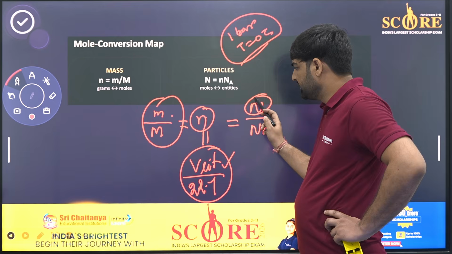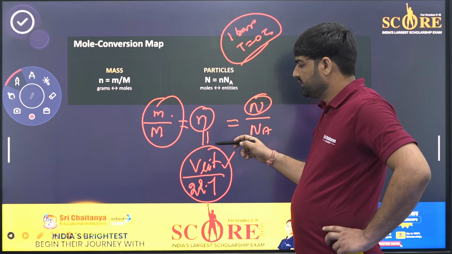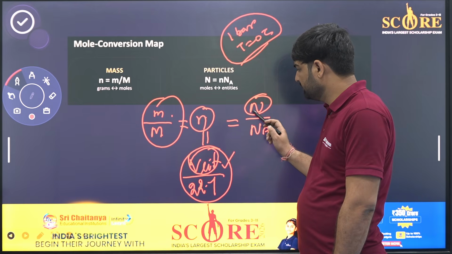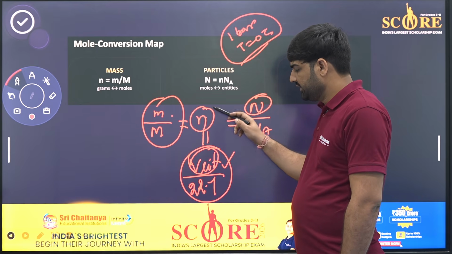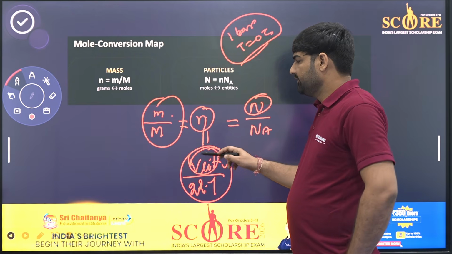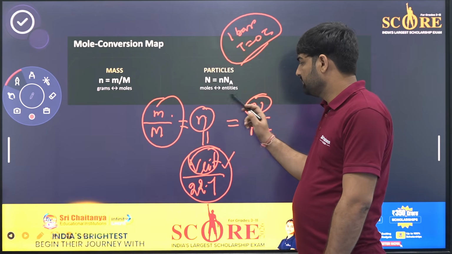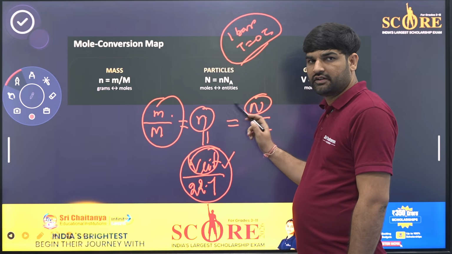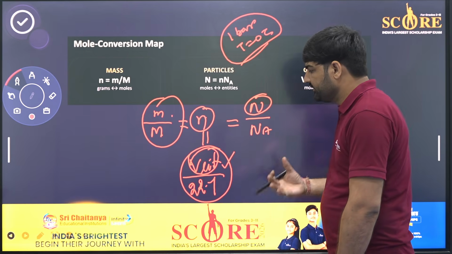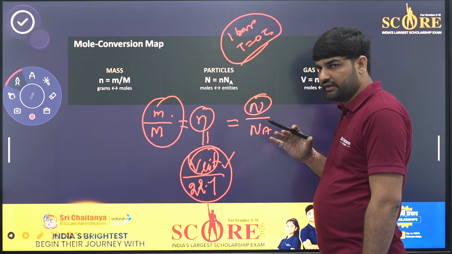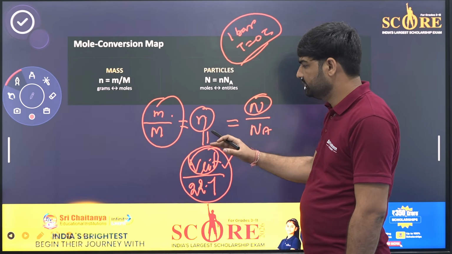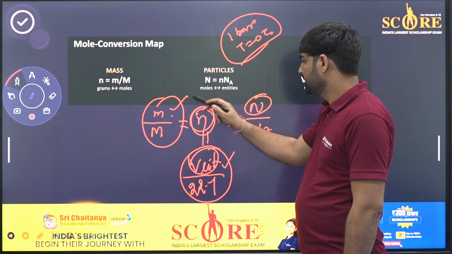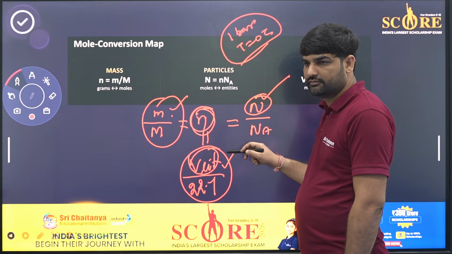If number of particles is given and we have to calculate volume in liters, then you have to go first for mole, then volume. If you have mass and you want to go for number of particles, then you have to go this way and then after this. I want to say for each condition you have to calculate mole, and after calculating mole you can connect mass, molar mass and volume with each other.